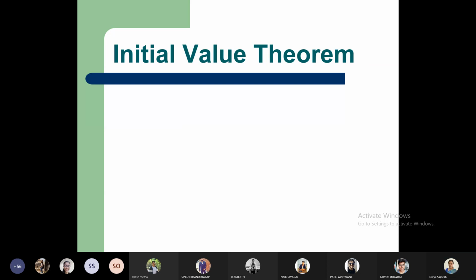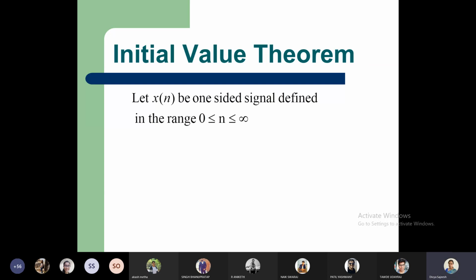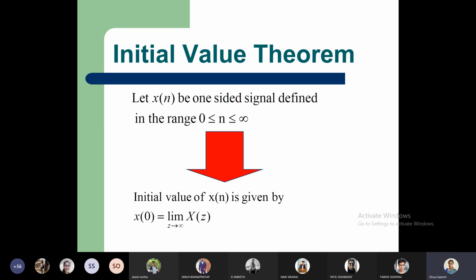Now the initial value theorem. Let us consider the signal whose limits are from 0 to infinity. The initial value of x of n is given by the Z transform as x of 0 is equal to limit z tends to infinity x of z.